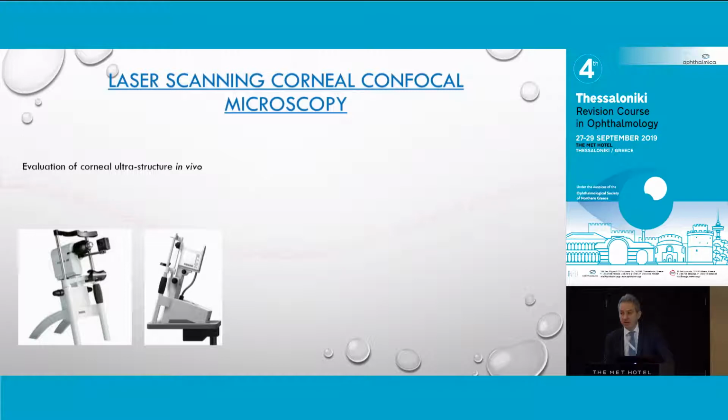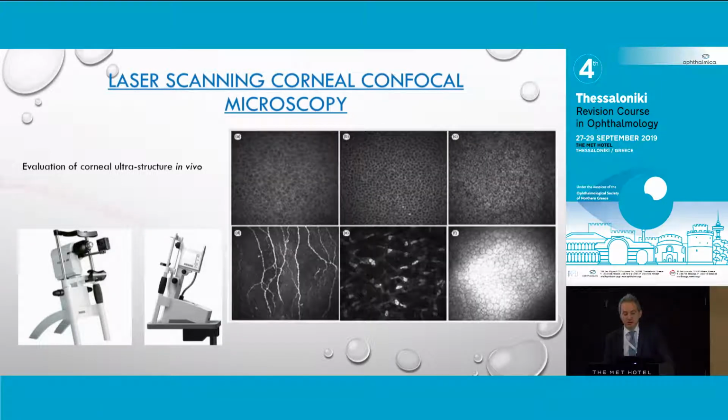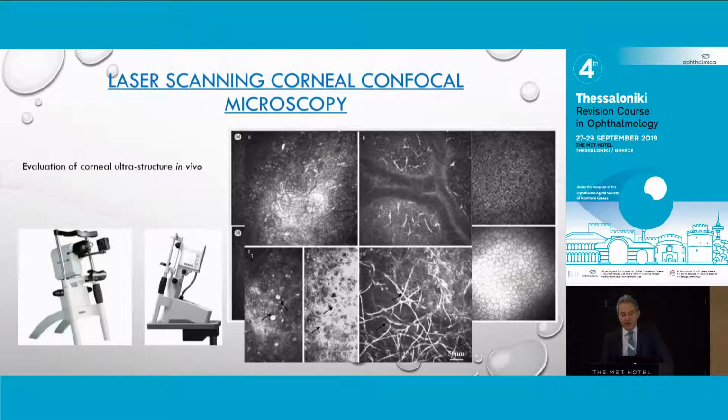Now, scanning corneal confocal microscopy is also useful for ultrastructure examination of the cornea in vivo. We can actually assess all types of corneal cells, epithelial cells, endothelial cells, keratocytes, and also the corneal nerves. And most important, it has significant clinical relevance in corneal infection.